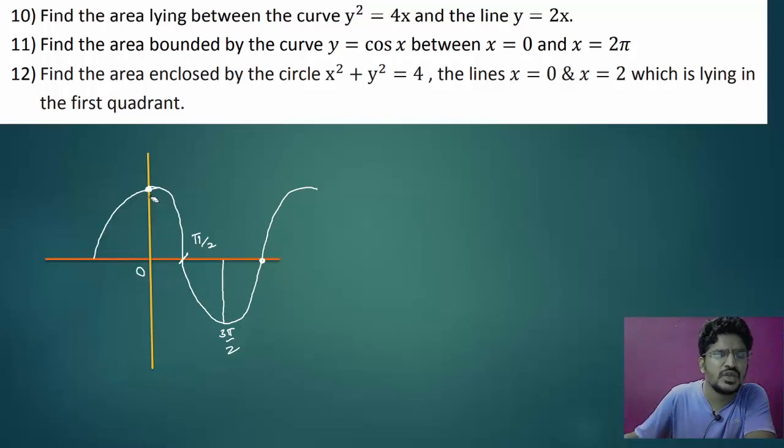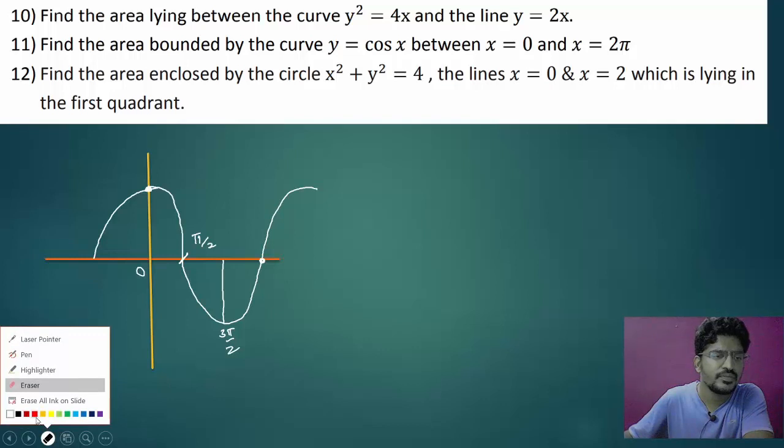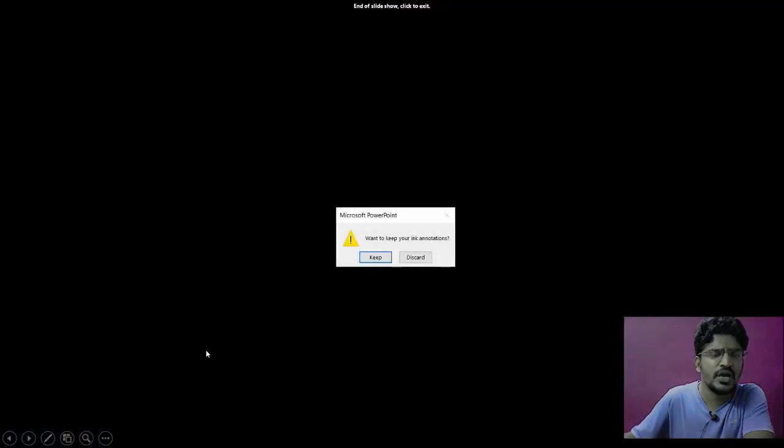So here cos 0 is 1, cos pi by 2 is 0. Next, this is cos 2 pi.